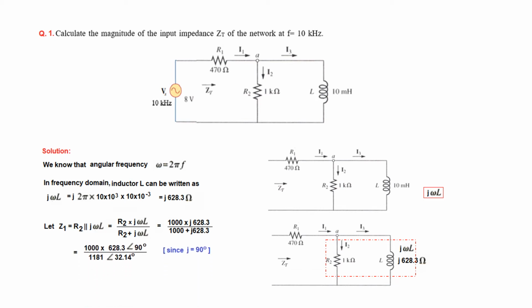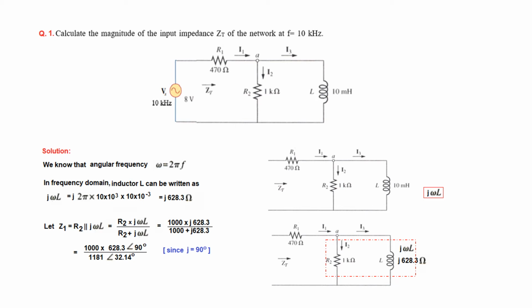So let's convert that into polar form. Here j is actually equal to 90 degrees, so we replace j by 90 degrees, and this by the calculator we have found to be 1181 angle 32.4. So if you have difficulty, I had just made a video on use of the calculator, you can watch that.